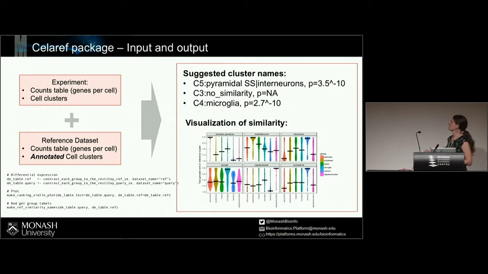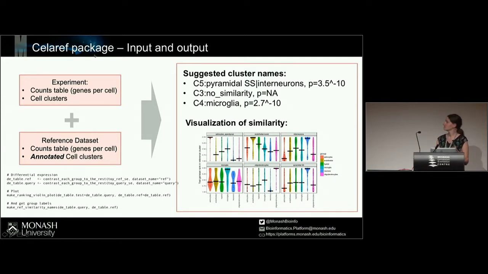Here's the input and the output, basically. To use this package, for the experiment that you're interested in characterising, you need to have that counts table I mentioned at the start, and you also need those pre-computed cell clusters, which you did on somebody else's server. For the reference data set, you need exactly the same pieces of information, but you also need to know what those cells are, because else it's not much of a reference.